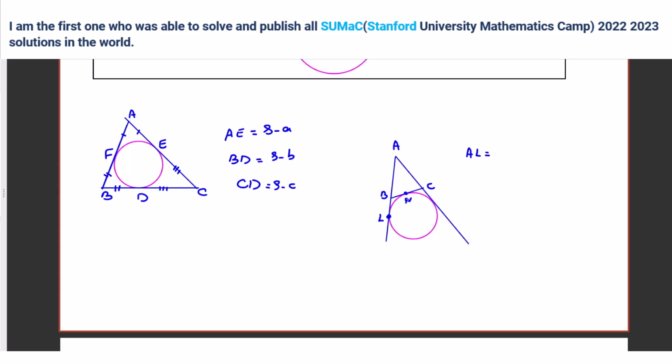AL is S. Yeah. PN is what? N is S minus C. Yes.